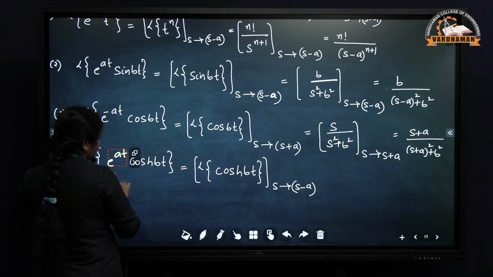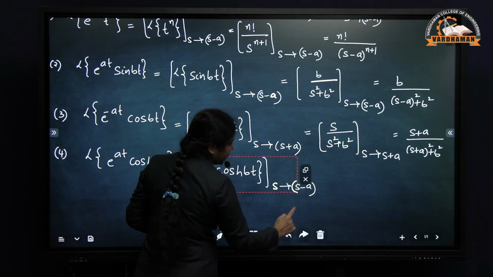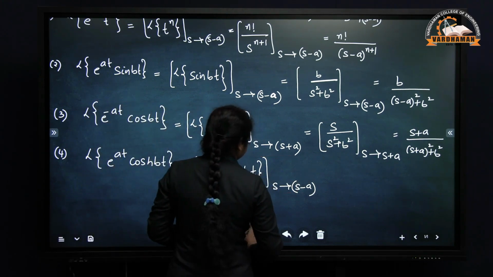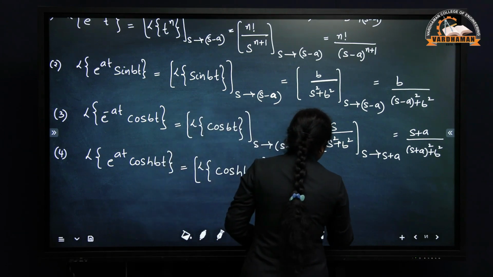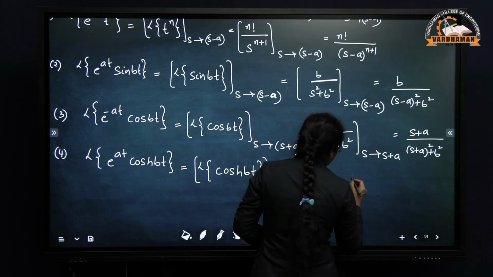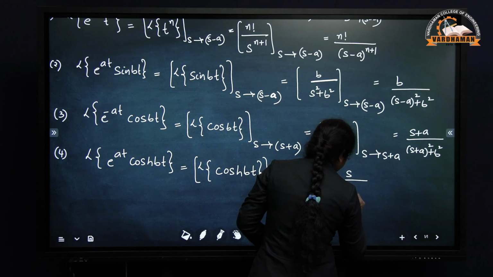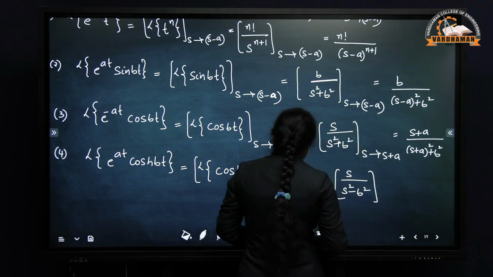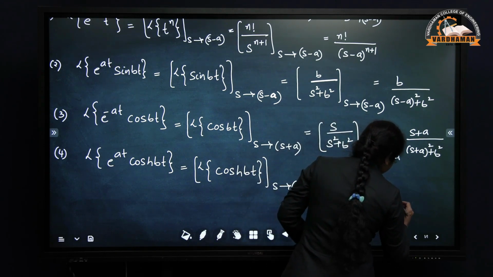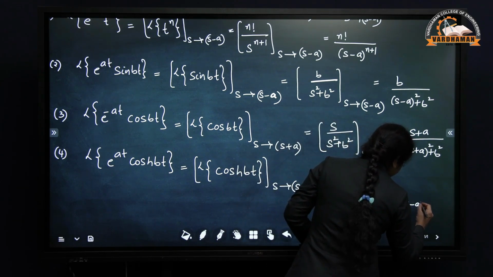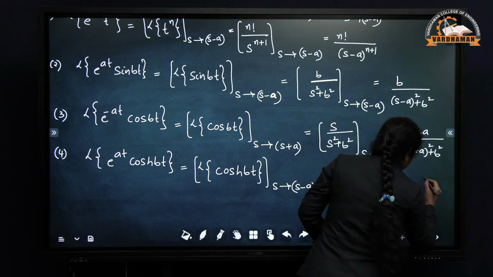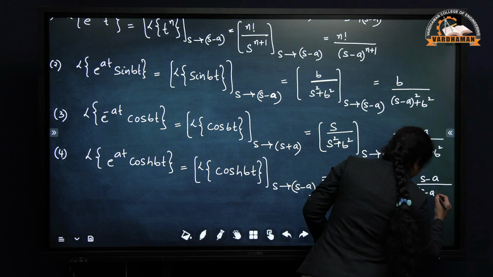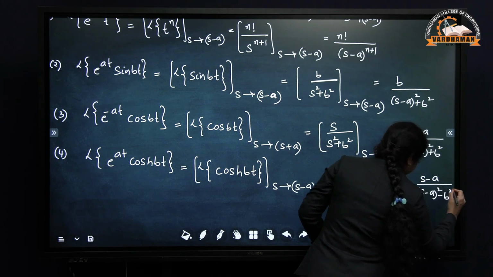Whenever we have e power at, in the final result we need to replace s by s minus a. The formula for L of cosh bt is s by s square minus b square, and wherever we have s, it must be replaced by s minus a. So finally we get s minus a by s minus a whole square minus b square.